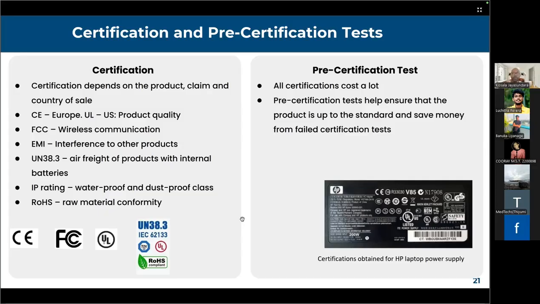They will give a report: okay, this frequency is the issue. Then you have to come back and analyze where that frequency is emitted, shield that path or do a re-PCB, do all these testings again, and then get back to them. So it will take another 2 to 3 months for you to recertify, and you have to pay them again. And the better way is to do pre-certification.